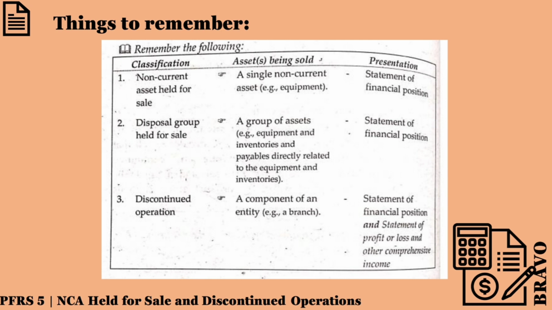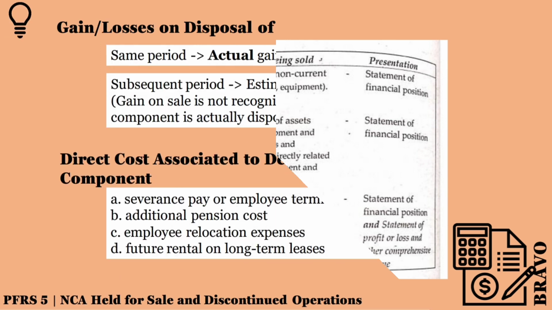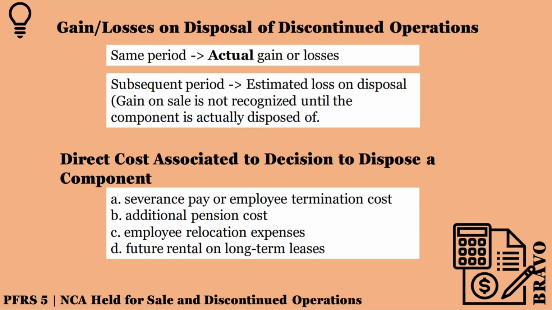Lastly, the asset being sold in discontinued operations is a component of an entity and is presented in the statement of financial position and statement of profit or loss and other comprehensive income. Note that non-current assets or a disposal group held for sale that is not a component of an entity is presented as continuing operations. Now we are going to talk about gain or loss on disposal of discontinued operations.